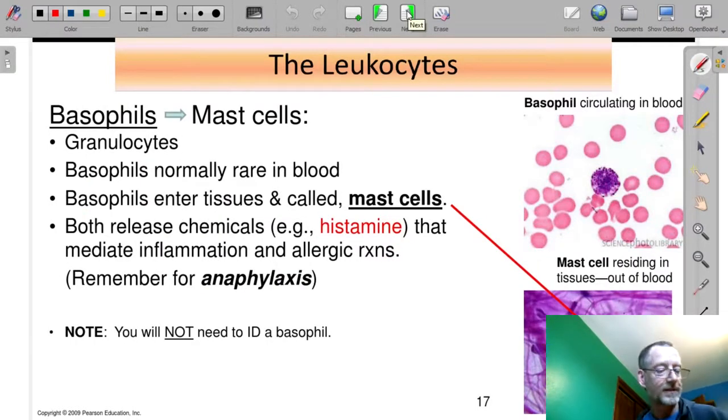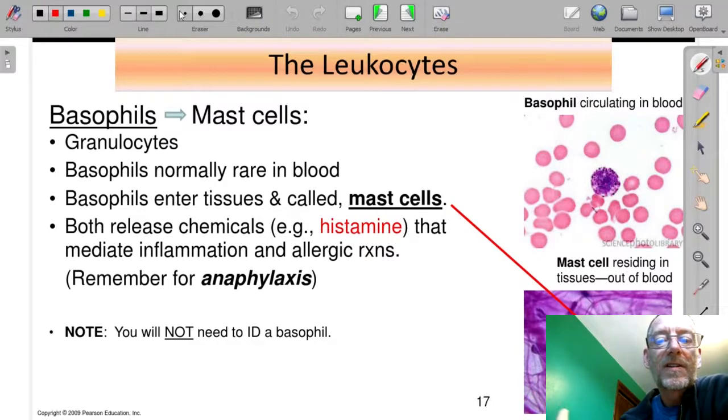And basophils, which is our last type of leukocyte, the most rare, also are granulocytes. They have little granules in them, which I'm not going to spend much time talking about. And they're normally quite rare in the blood. And when they enter the tissues, they are referred to as mast cells.